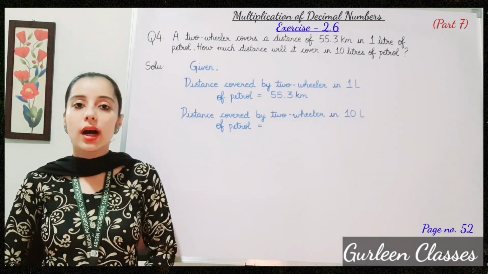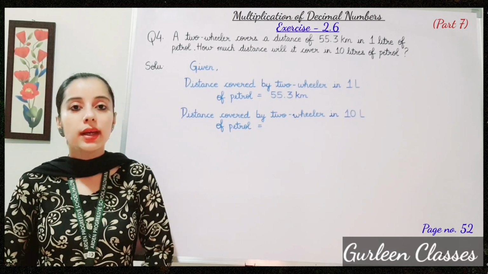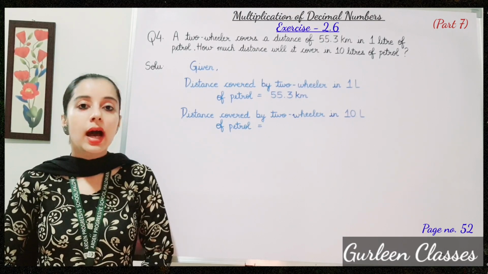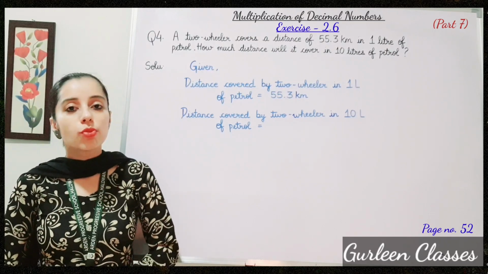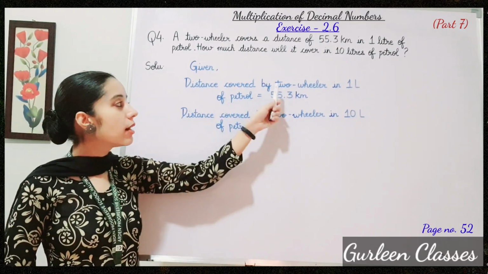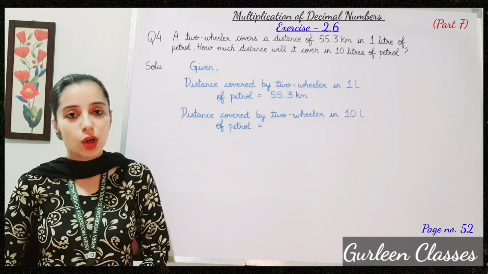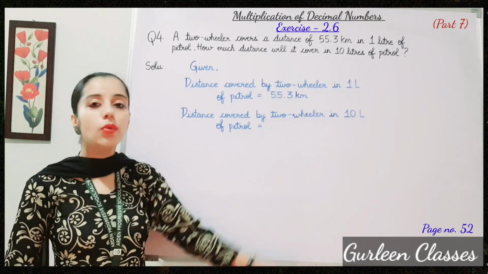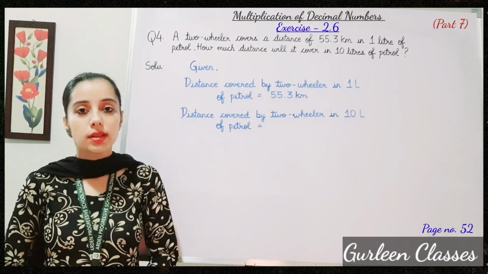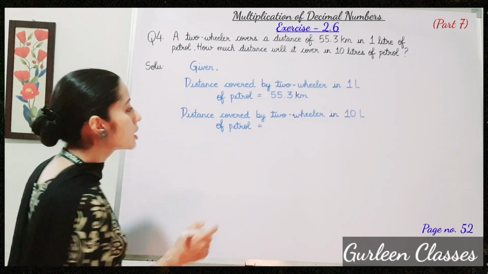Question number 4. A two-wheeler covers a distance of 55.3 km in 1 liter of petrol. How much distance will it cover in 10 liters of petrol? So what is given? Distance covered by the two-wheeler in 1 liter of petrol is 55.3 km. We have to find out the distance covered by the two-wheeler in 10 liters of petrol. So we will multiply 55.3 by 10.